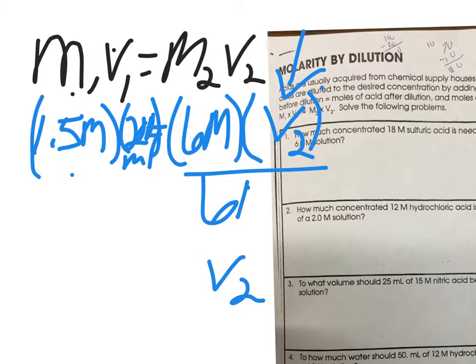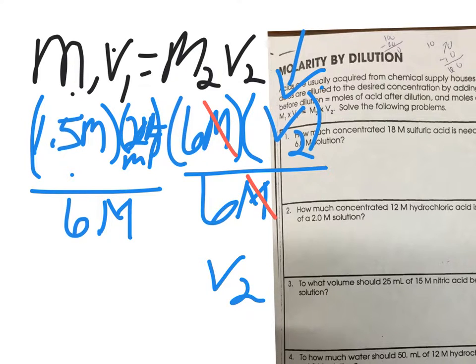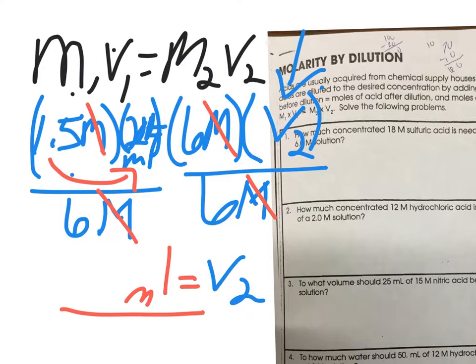I'm going to divide by 6 molarity because that's going to cancel my molarity there. What I do to one side, I have to do to the other. Very good. So you're going to take that 1.5 times 200, what, 300? That 300 divided by 6 is going to give me how many milliliters I need of that 6 molarity?